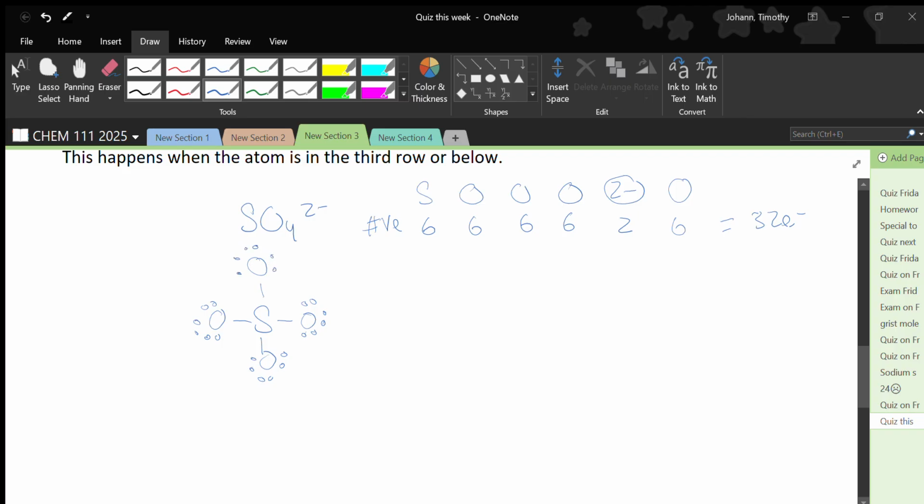All right, that's a happy little sulfate molecule. It has 2, 4, 6, 8, 10, 12, 14, 16, 18, 20, 22, 24, 26, 28, 30, 32. I used the exact number of electrons I had. So great Lewis dot structure, right? Okay.